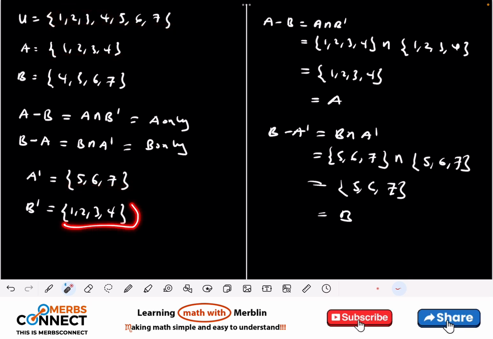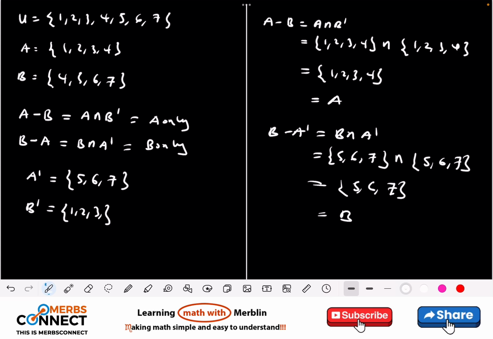Now let's look at this one. Elements in the universal set that are not in B. But here, because we included 4, we need to take this 4 out. So we are going to take the 4 out. Good. So for this one, now our B is excluding 4. So what will be the intersection here? The intersection will be like we are excluding the 4.